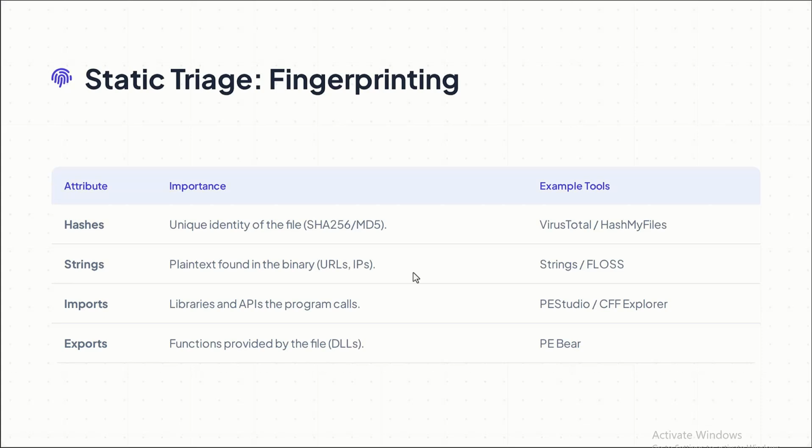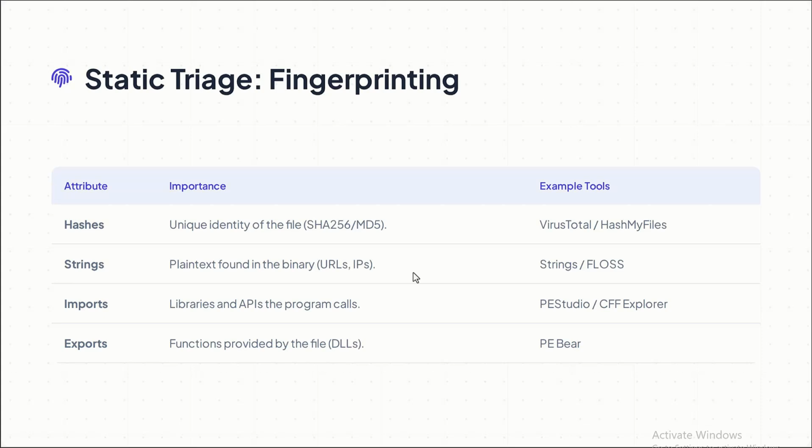In the strings you can find a lot of critical information about the sample: URLs related to the command and control server, IPs, domain names, API names, registry keys, file versions, file paths, and so on.